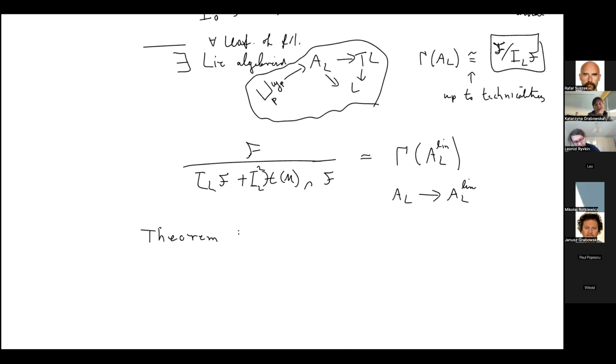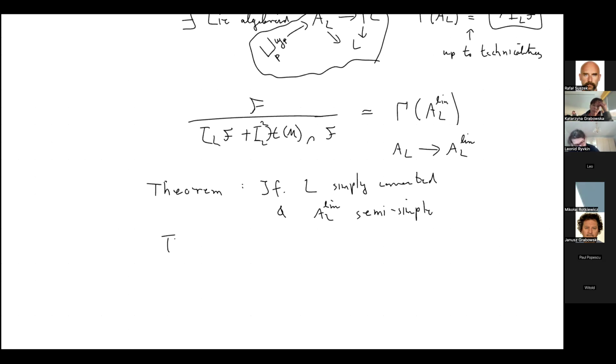If L is simply connected, and A_L-lin semi-simple, and when I say semi-simple, I mean that its isotropies, so the individual kernels of the anchor, are semi-simple Lie algebras.